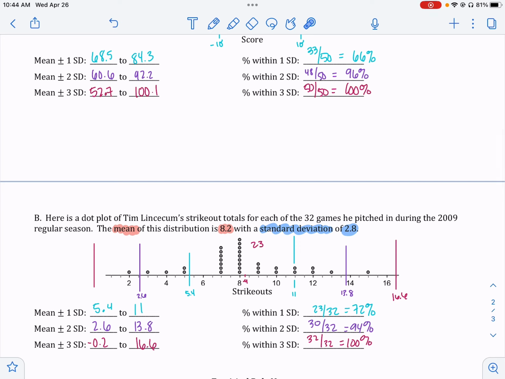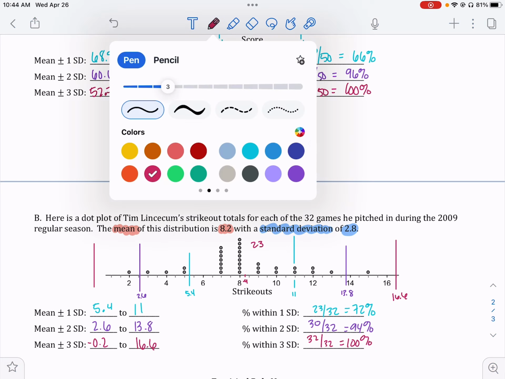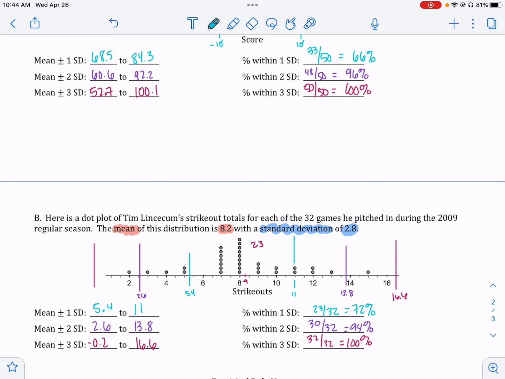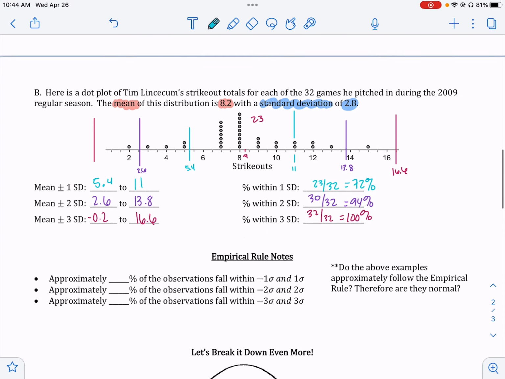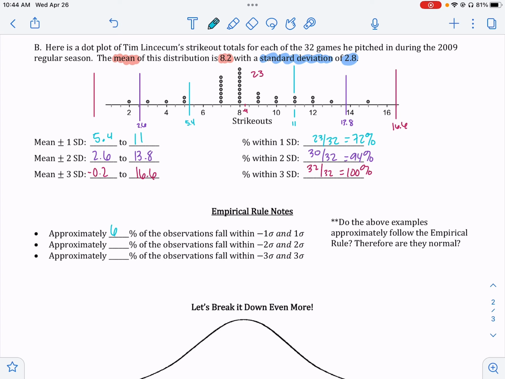And notice that for the first one, we had 66% of data falling in the first bin. And for the second one, we had 72. Well, that's actually a really good approximation here because in reality, for the actual empirical rule, we're going to say that 68% of data falls within those first standard deviations on either side.